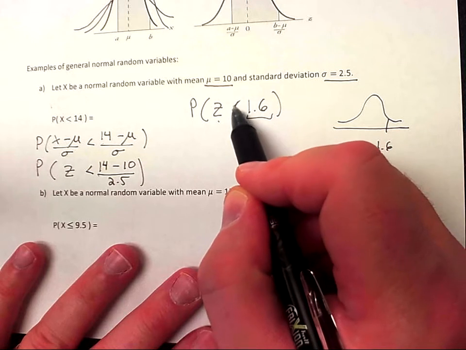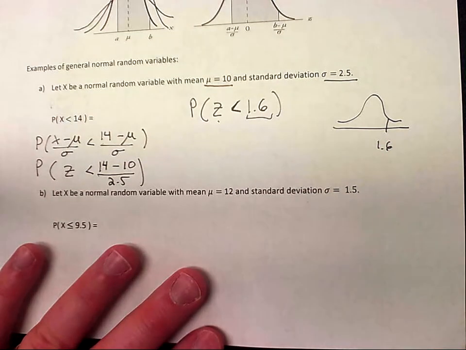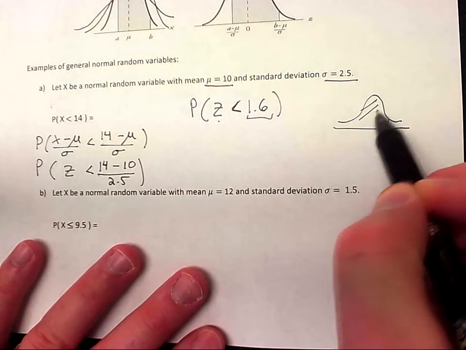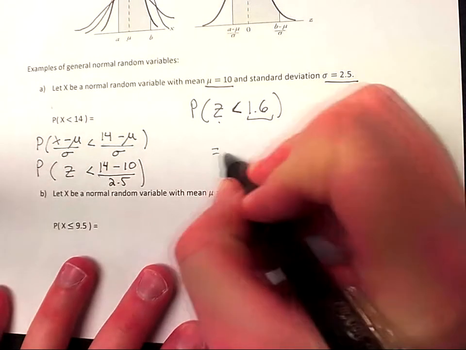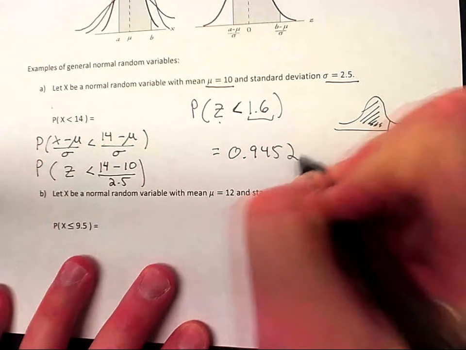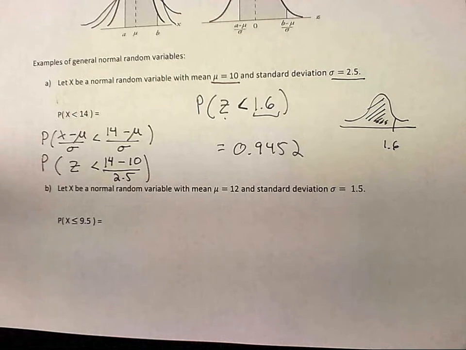But we want this to be less than 1.6. So which way are we shading? To the left. Is that the same direction that we have in our table? So if we look up 0.9452, do we subtract that from 1? Good. We do not subtract that from 1. 0.9452. Is everybody good with 0.9452?